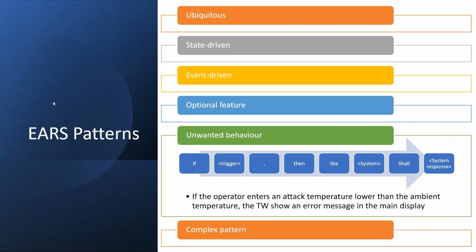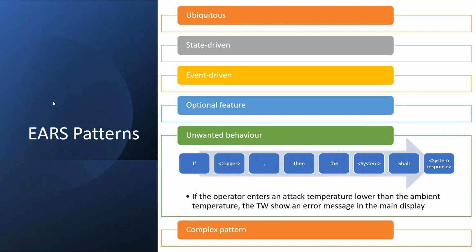And the main difference between the event-driven and the unwanted behavior is that the unwanted behavior is presenting a discrete event that will only happen to represent something which is not the regular scenario that we expect, right?